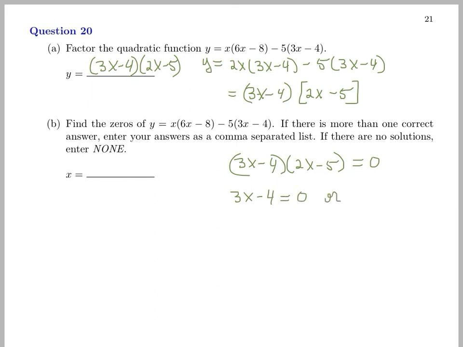So either 3x minus 4 is 0 or 2x minus 5 is 0. So in the first case, we would get 3x equals 4 or x equals 4/3. And in the second case, we get 2x equals 5 or x equals 5/2. So our solutions would be 4/3 and 5/2.